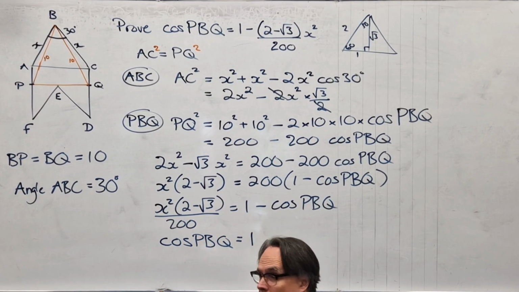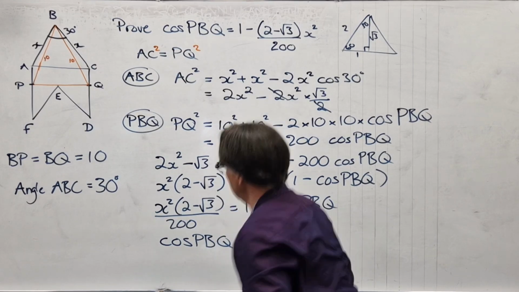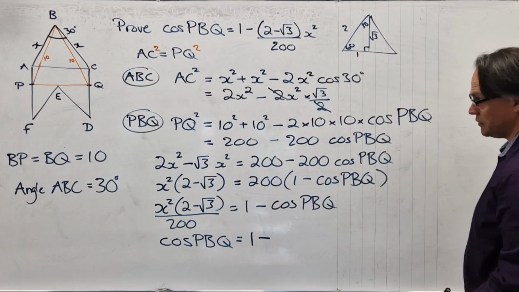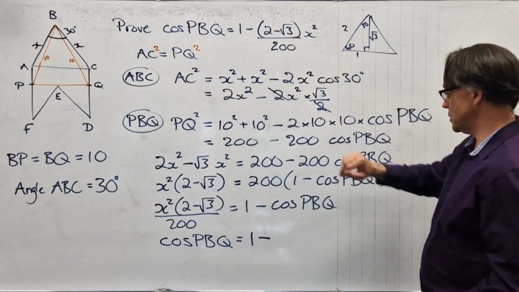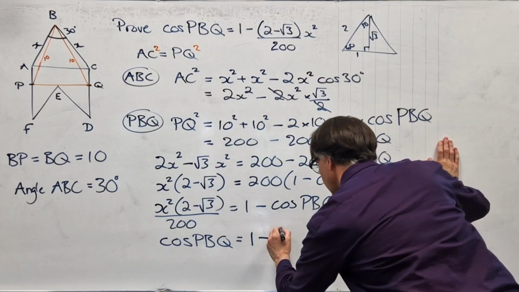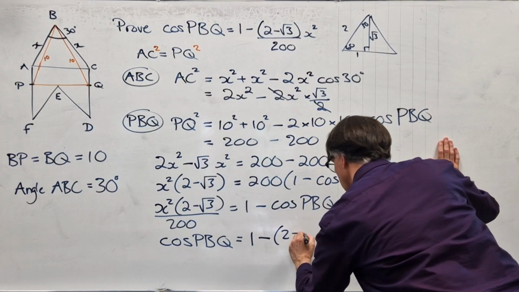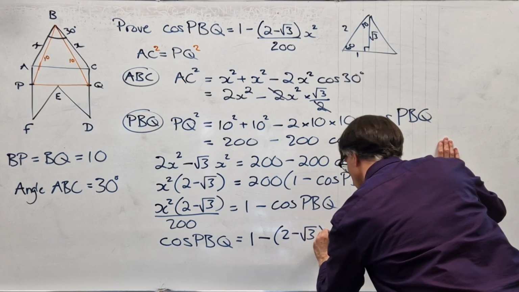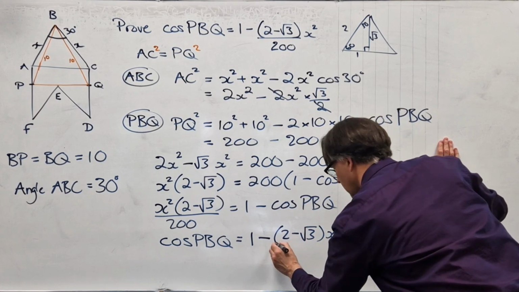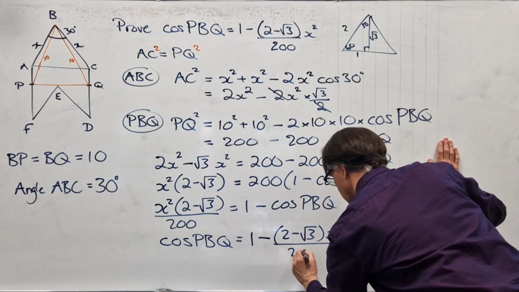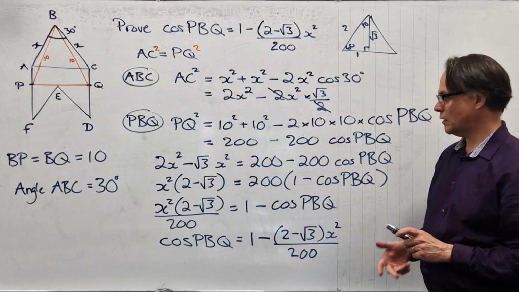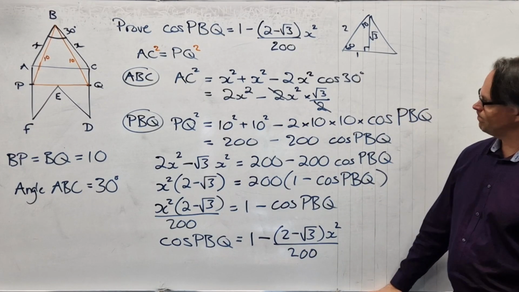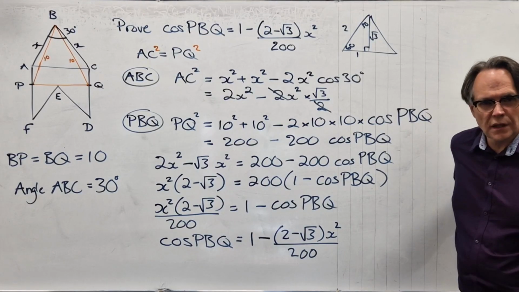The 1 stays where it is. And now I bring that bit over to the other side. I'll move the x squared to the other side of the bracket so it matches what we're trying to do. And there we go. It's not as bad as it looked.